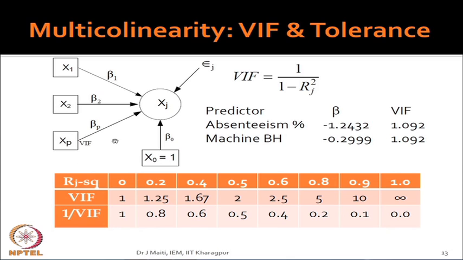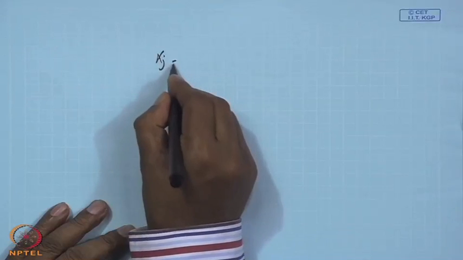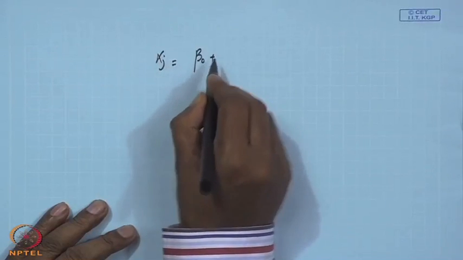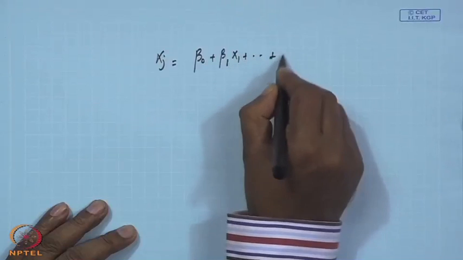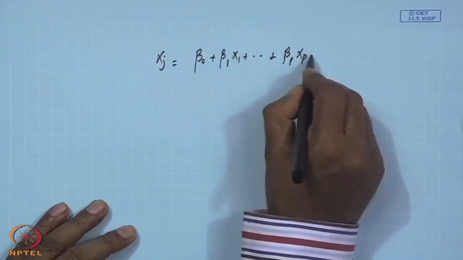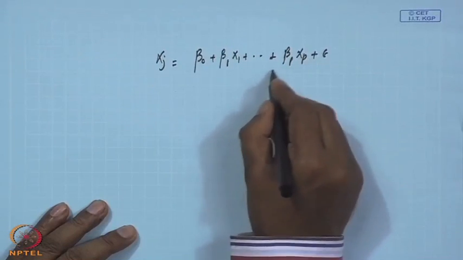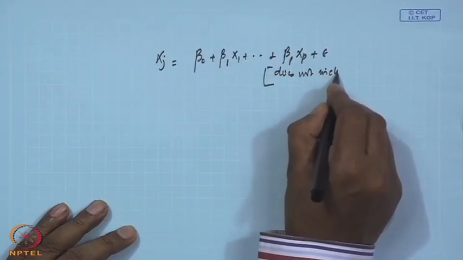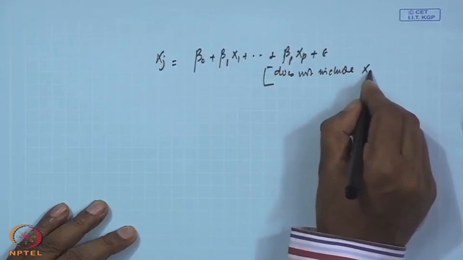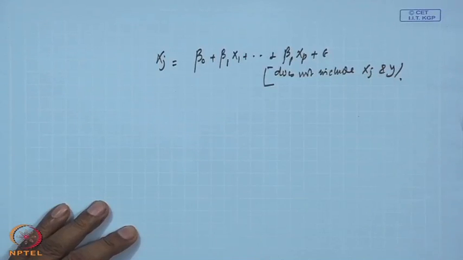Okay. Then you make a regression equation. So your regression equation is now xj equals beta 0 plus beta 1 x1, and like this up to beta p xp plus epsilon. This does not include xj and y.